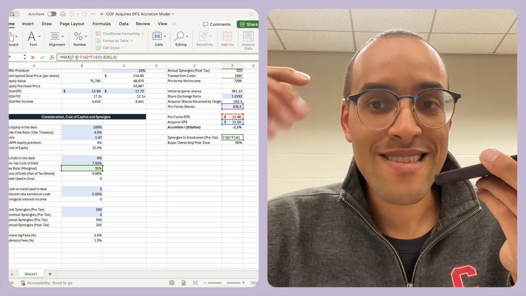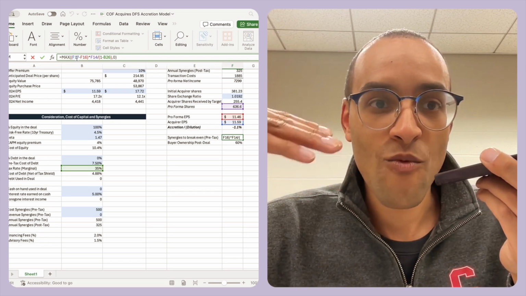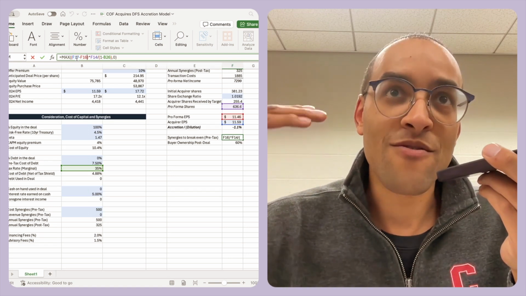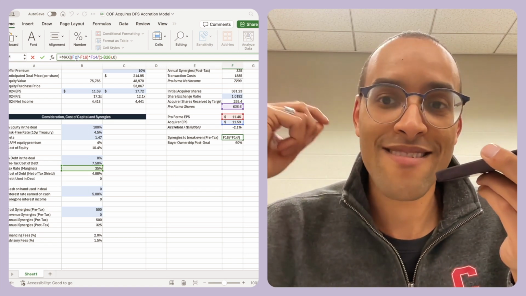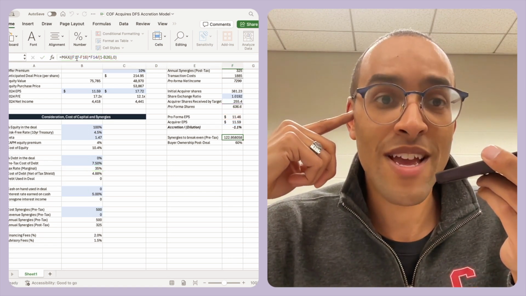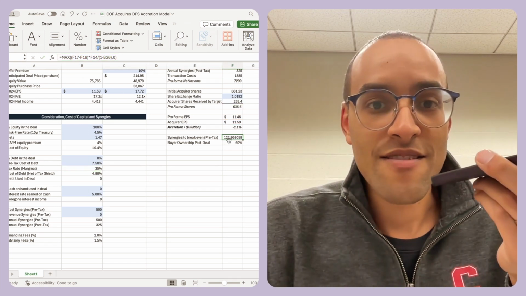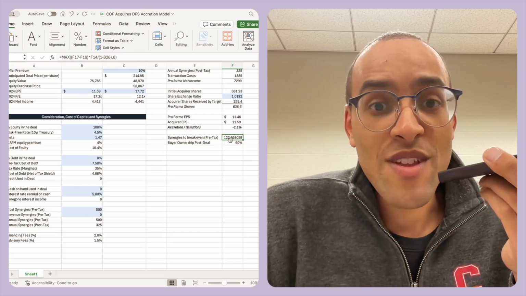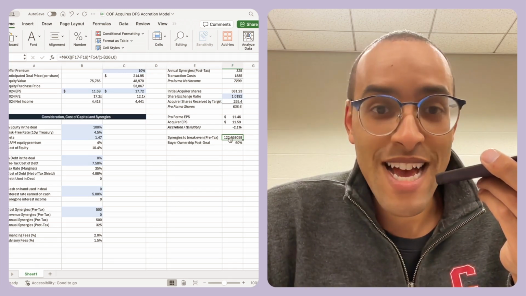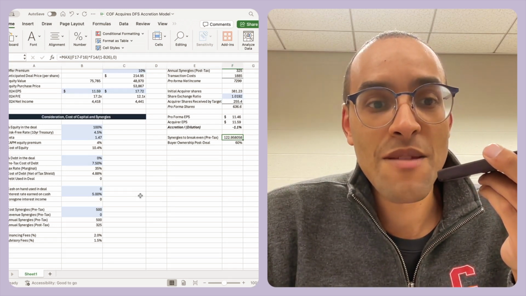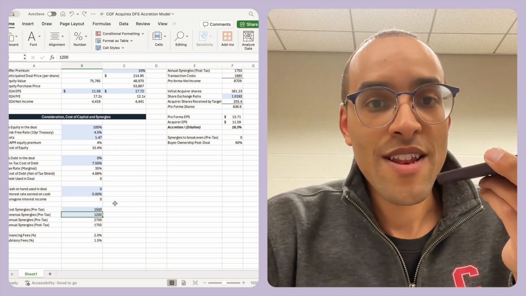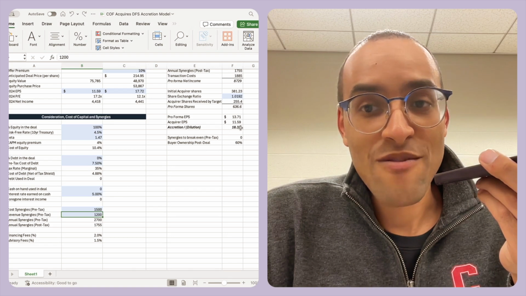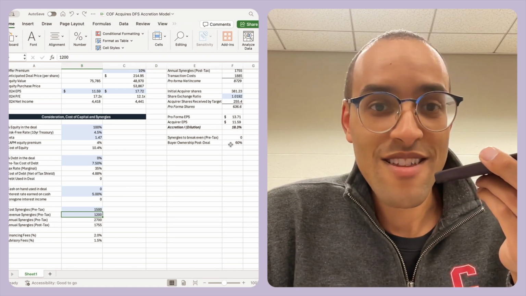So incremental earnings then divided by 1 minus your tax rate. So that's your pre-tax incremental profit that the deal has to generate. And in this case, it's $123 million. So if I can get to $123 million in synergies pre-tax, the deal is going to make sense. So I'm going to go ahead and undo these numbers. So yeah, if I have synergies, it makes or breaks the accretion dilution calculation here.